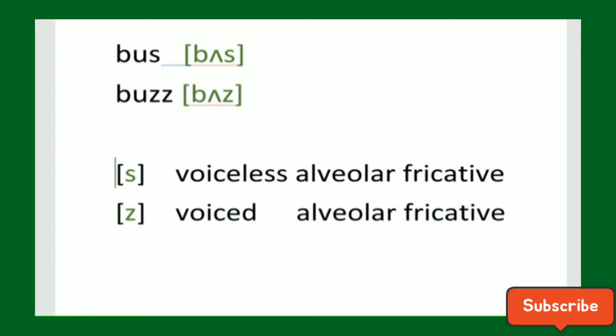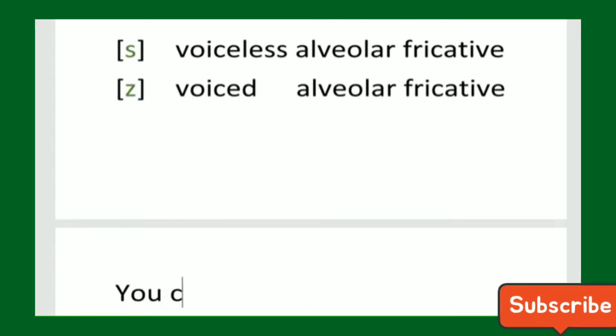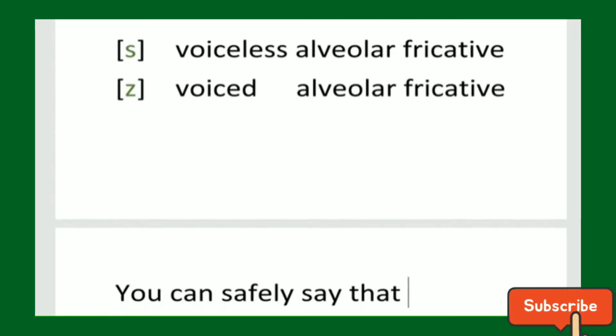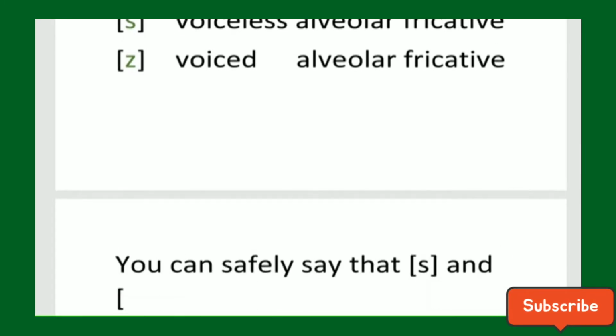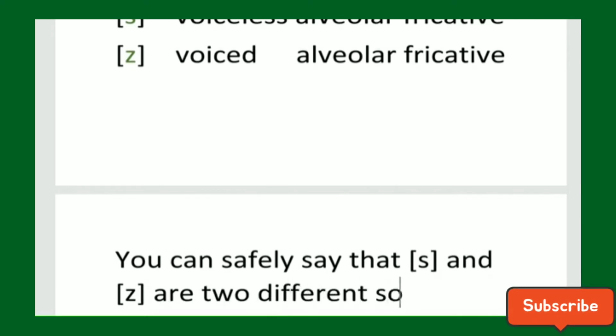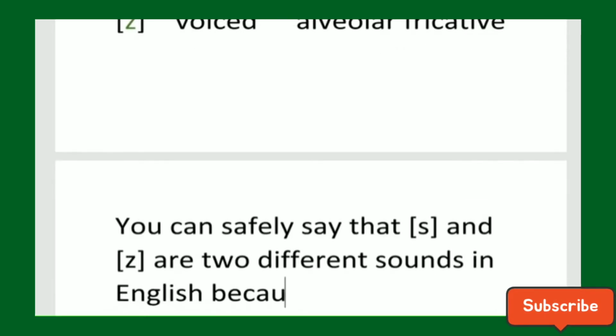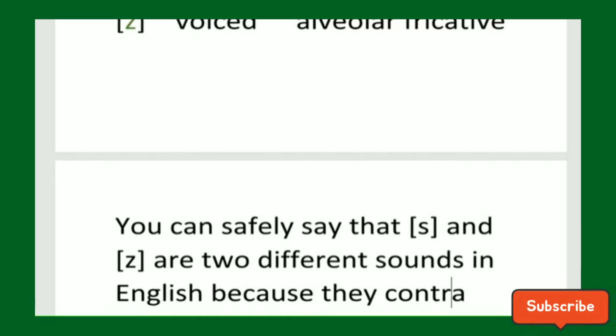It means voicing a sound may result in a difference in meaning. So the point is, sa and za in English are two different sounds because they contrast meaning. You can safely say that sa and za are two different sounds in English because they contrast meaning.